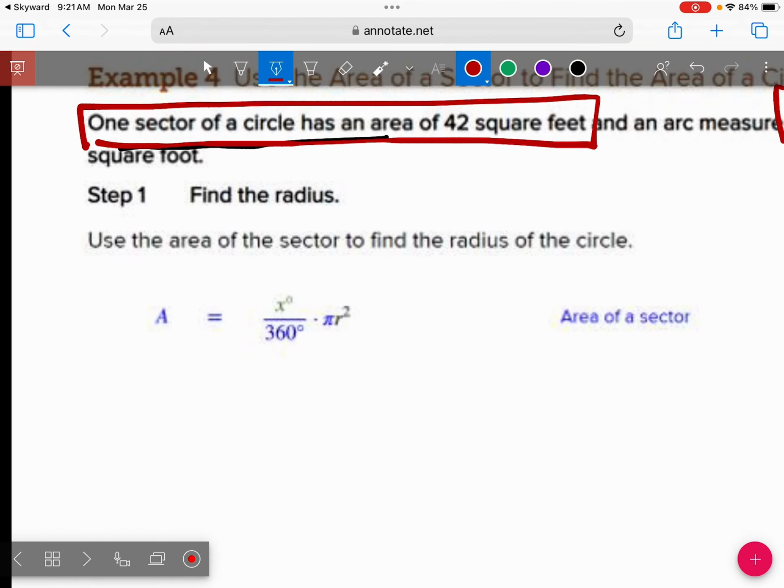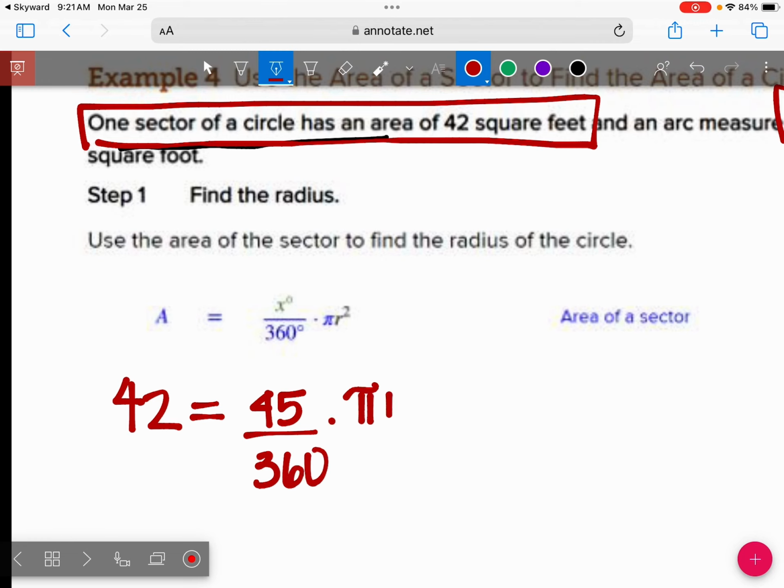All right, so if I know that the sector, so we know the area of the circle, which is A. So A is 42. And then the angle measure is 45 over 360. And we need to find the radius.